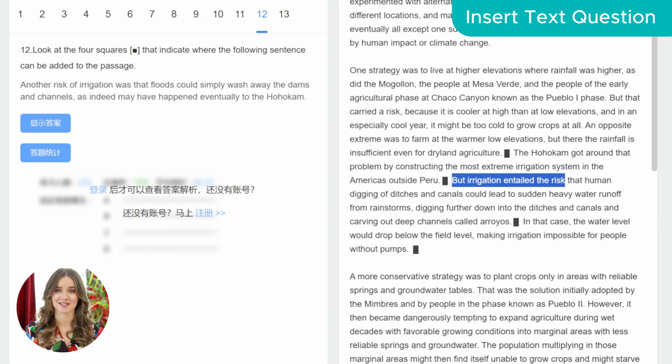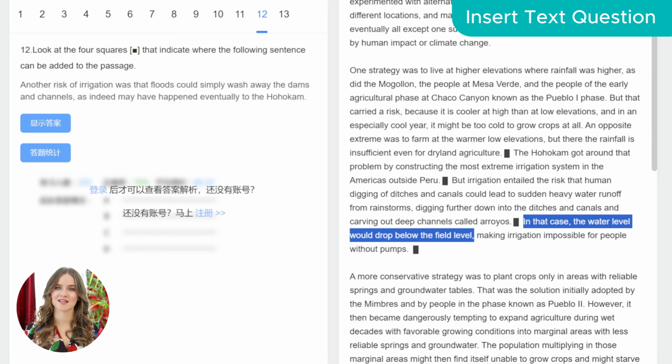It introduces the first risk, which, if you remember from earlier, was about the heavy water runoff. This means that our sentence should come after this one. It can either go in square C or square D. Let's check option C. It says, "In that case, the water level would drop below the level of the field." This phrase refers to the first risk, so option C doesn't work either. That leaves us with option D.